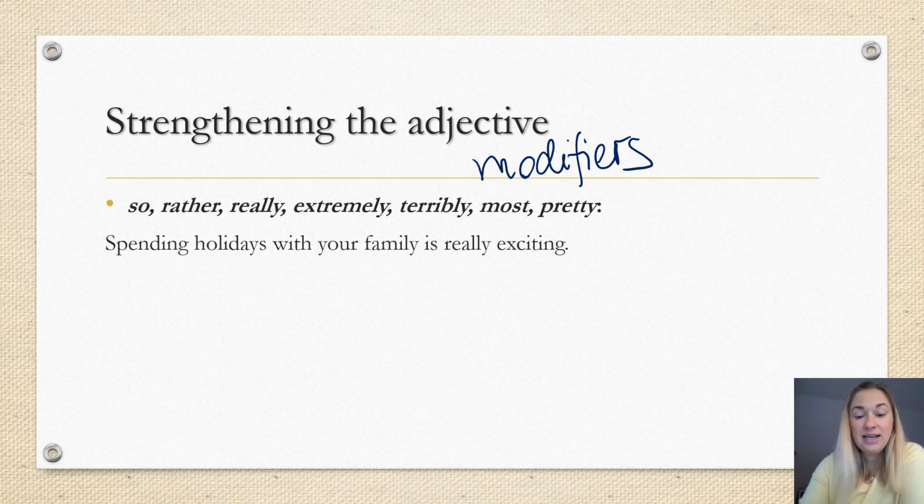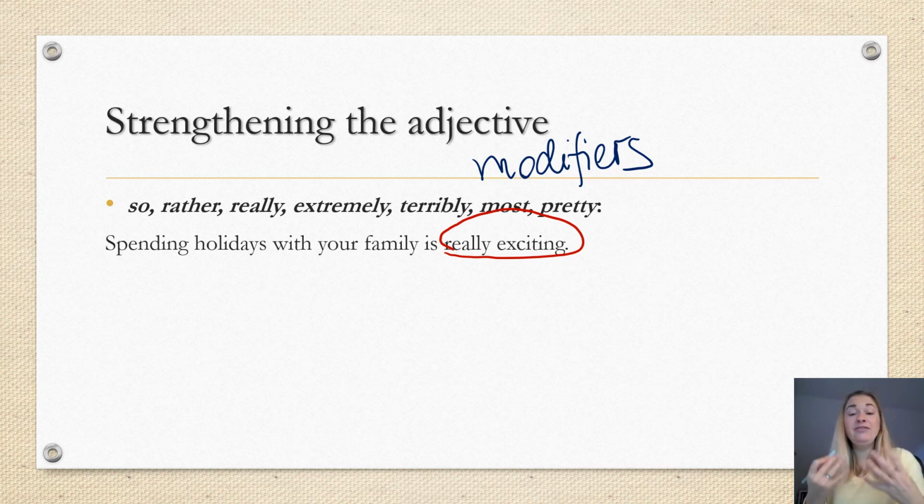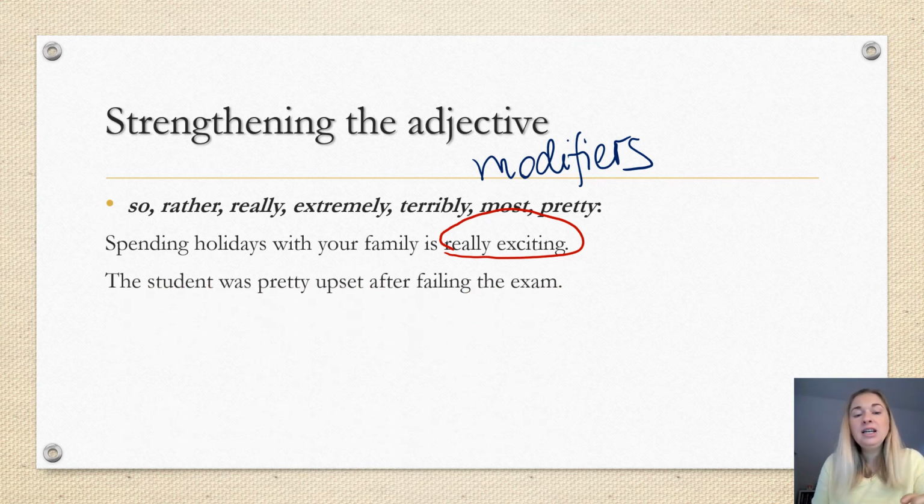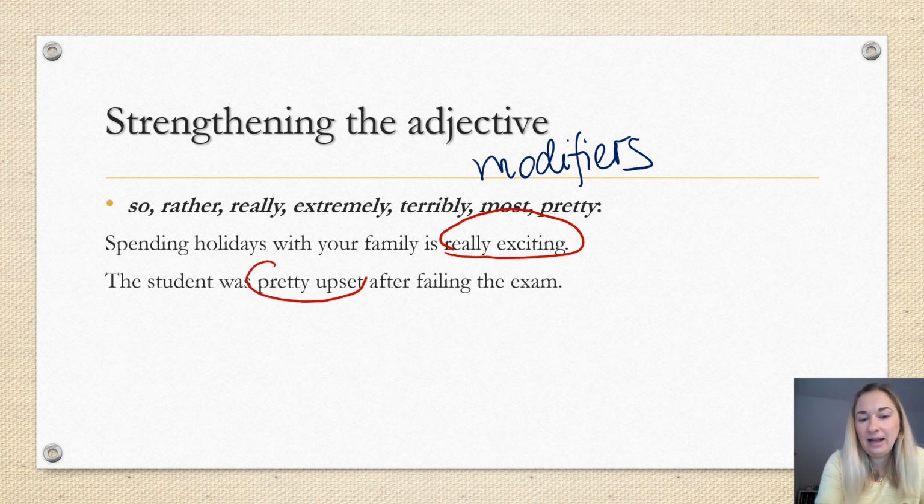For example, spending holidays with your family is extremely exciting, or actually I wrote down really exciting. So it's not only very interesting, but it's very, very interesting. So really exciting. The student was pretty upset after failing the exam. Pretty doesn't mean good, it means he's very upset.